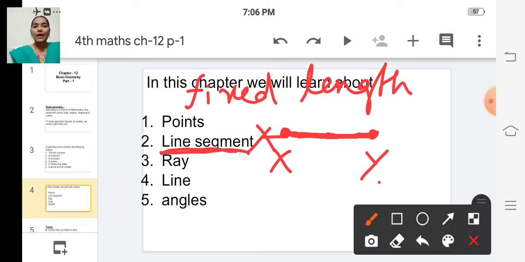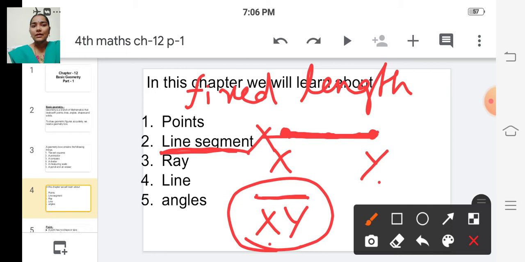And it is represented by XY bar. So we have to put one bar above XY. This line segment is represented by XY with one bar above it.